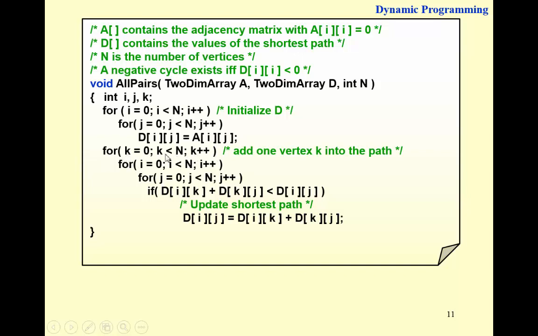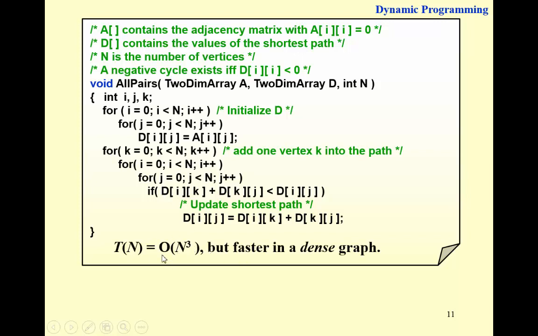For each fixed k, we consider every pair of i and j, compare D_ij with the sum of D_ik and D_kj, right? And if this number is smaller, we update it to be the smaller number. This is quite straightforward. And obviously the time complexity is what? Since there are 3 nested for loops, it's going to be n cubed.